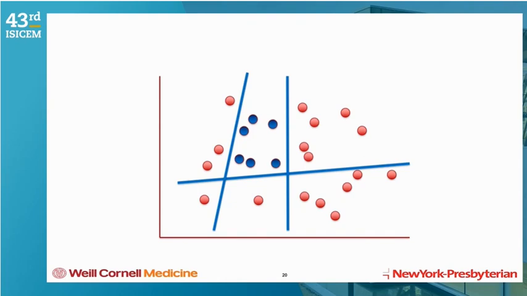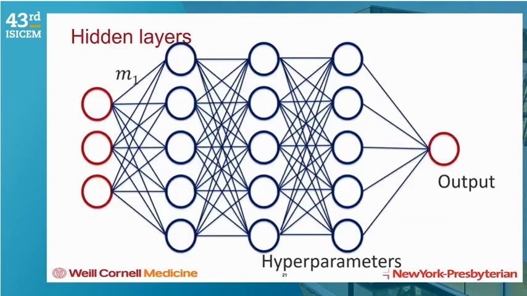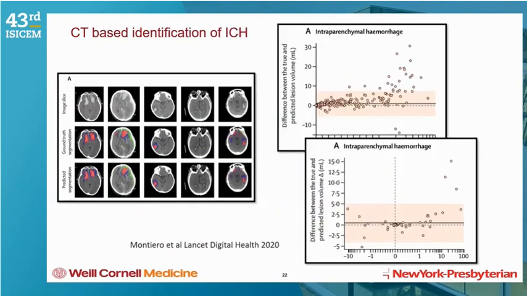It still uses loss functions, and you can actually move up a step with this and combine data together for hidden layers where the relationships can be even more nonlinear, more complex, and you have things that can be tuned such as hyperparameters. An example of this is using neural networks to define the volume of bleeding inside of intracranial hemorrhage.